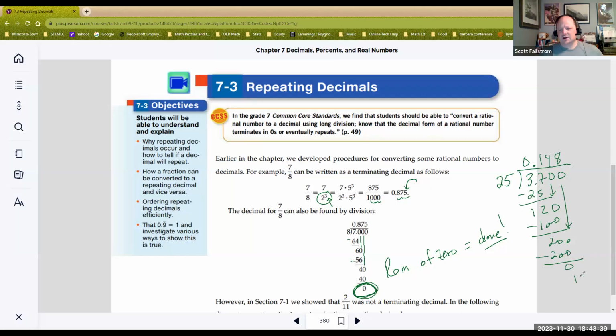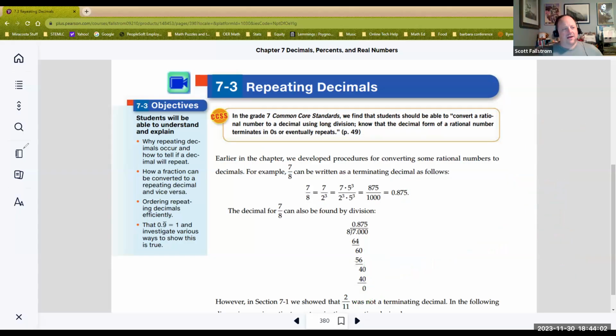Notice I get a remainder of 0, just like I did over here, and my final answer is 0.148. So 3.7 divided by 25, which I knew would terminate. The denominator has only 2s and 5s in it, so I end up with 0.148. Terminates.